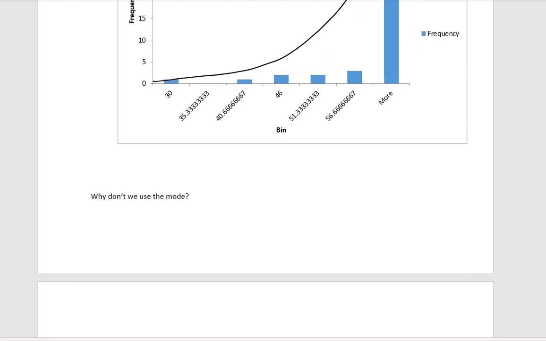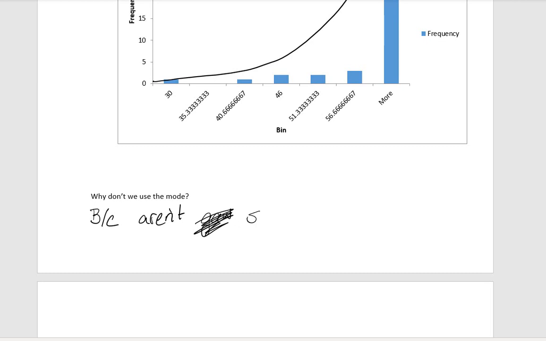Before we move on, a big question that people ask is why we don't use the mode. So we don't use the mode because we aren't guaranteed to have one. Man, I am so bummed right now that I don't know how to spell guaranteed.